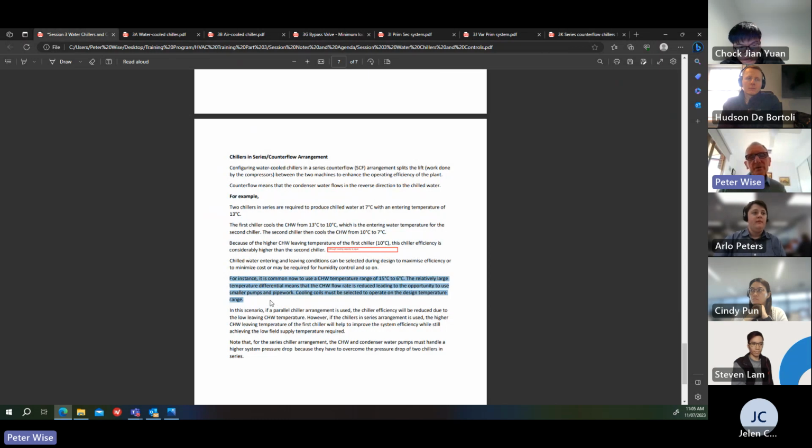If you do a refit, a retrofit on a project that was designed, say, 10 years ago, you need to check what the cooling coils were based on. If they were based on a temperature difference from 13 to 7 degrees, or entering at 7, leaving at 13, and you change the system for 6 to 16, you're going to have problems with the system because the coils aren't designed for it.